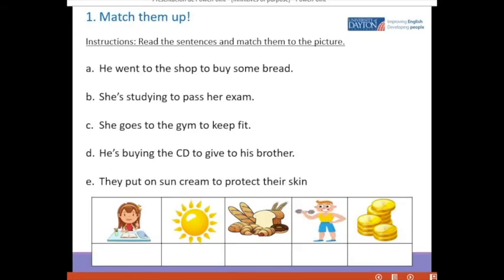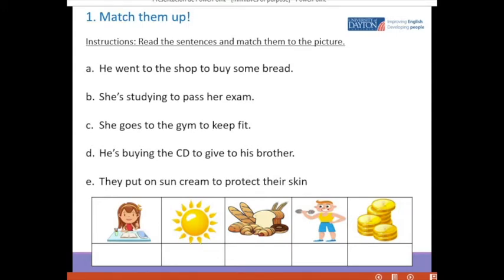Look, we have 5 images at the bottom of the screen. We have a girl. Okay, we have the sun, we have red, we have a person exercising, and we have, I think these are CDs, an illustration for CDs, okay?